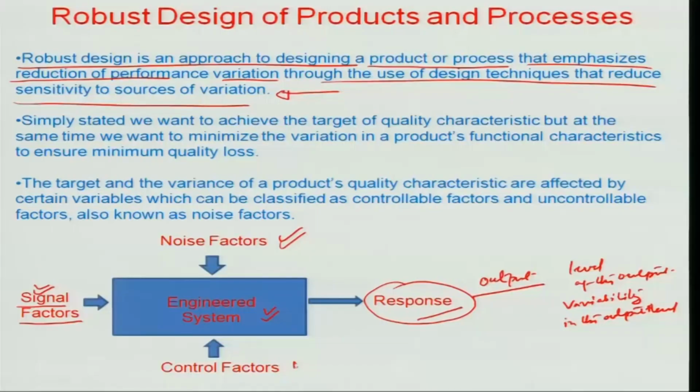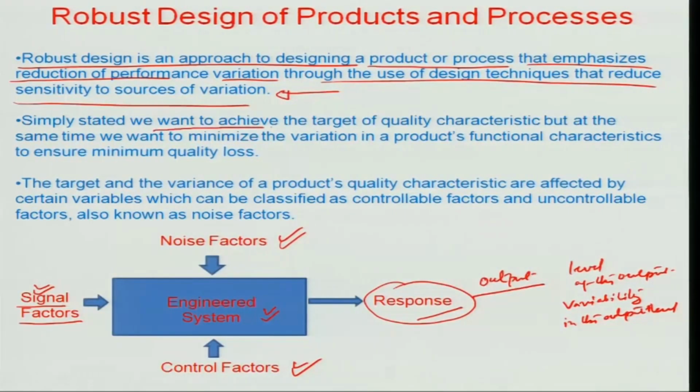Or control factors, where by changing certain control aspects related to the engineered system, we can in a way be able to vary the response level. At least the output and the variation part can be substantially altered, okay, based on these control factors.